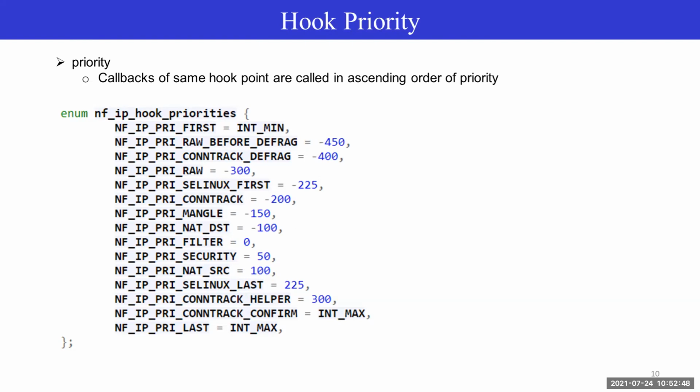If your requirement is that your callback must be called before any checking by existing callback routines, you can specify the priority field as NF_IP_PRIORITY_FIRST. In that case, your callback routine will be called first, and then the others will be called.